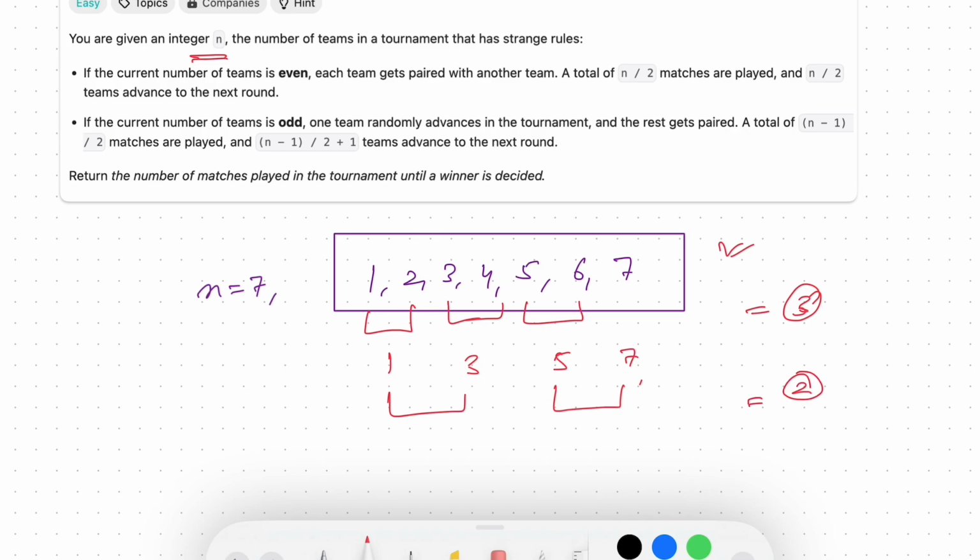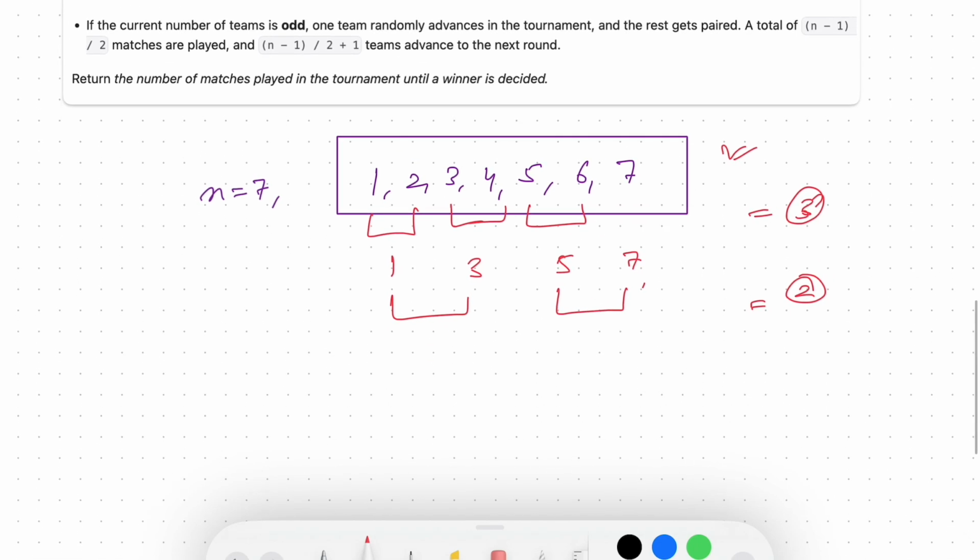So overall it is going to be 5 matches so far. After that, let's say one team wins the match 5, there will be one more match in the third round. So overall there are going to be 6 matches.